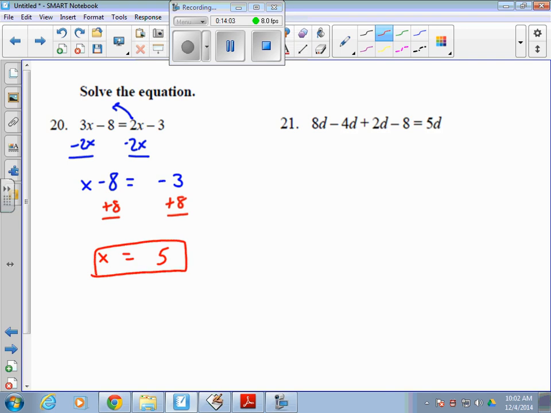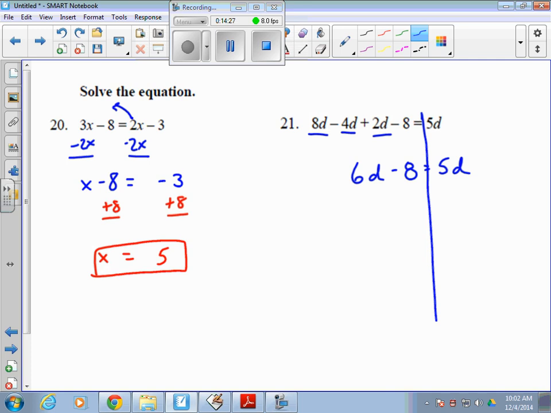For number 21, collect all your variables or combine your like terms. 8d minus 4d is going to be 4d, plus 2d is 6d, minus 8 equals 5d. Like on number 20, we have variables on both sides of the equation. We brought the smaller 2x over to the 3x for number 20.